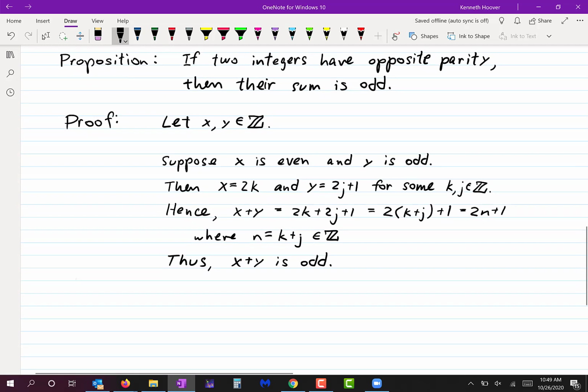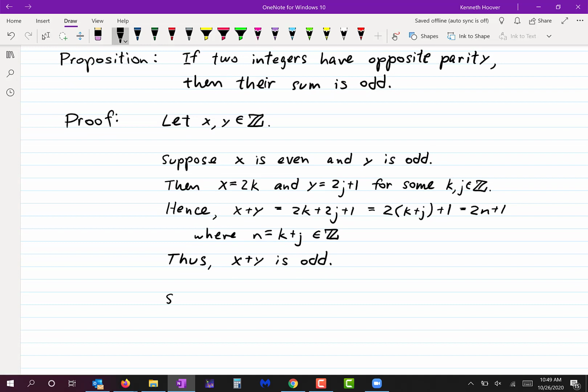Do you remember? The other case is supposing that... So what's the other possibility? X is odd and y is even, right? Or let's say this: y is even and x is odd.